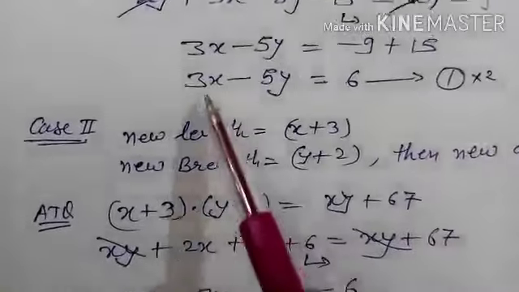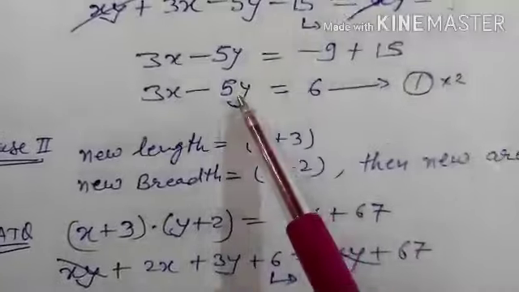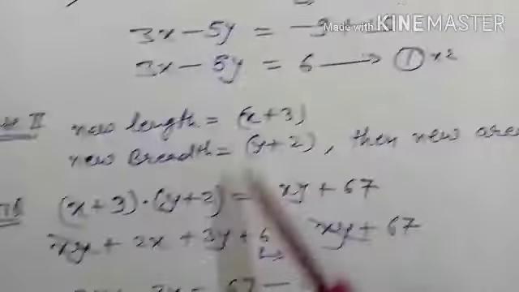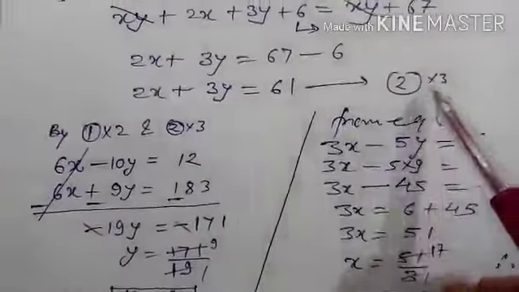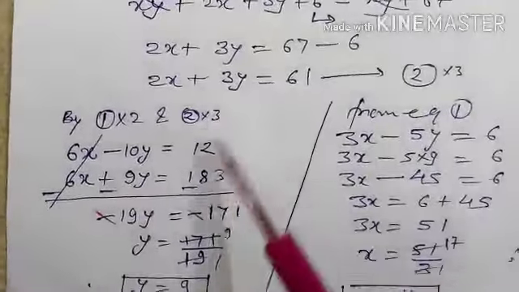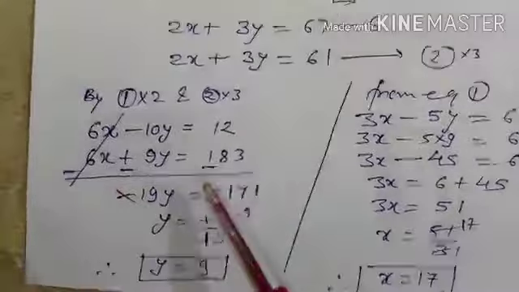Equation number 1 multiplied by 2: 2 into 3 is 6x, 2 into 5 is minus 10y, and 2 into 6 is 12. Second equation multiplied by 3: 3 into 2 is 6x, 3 into 3y is 9y, and 3 into 61 is 183.